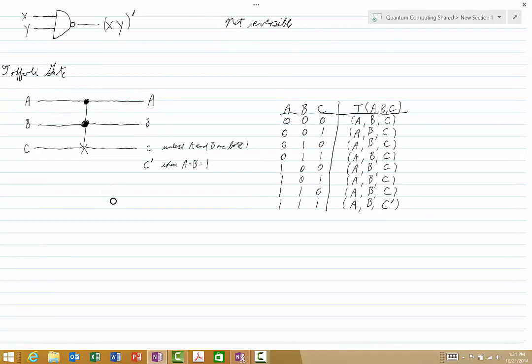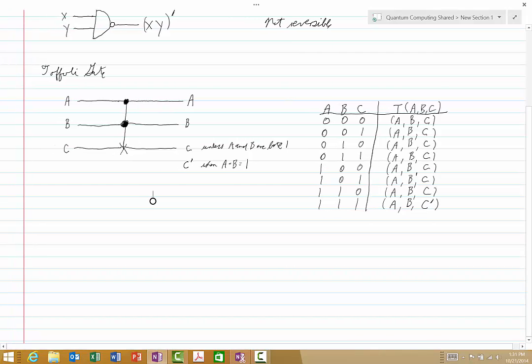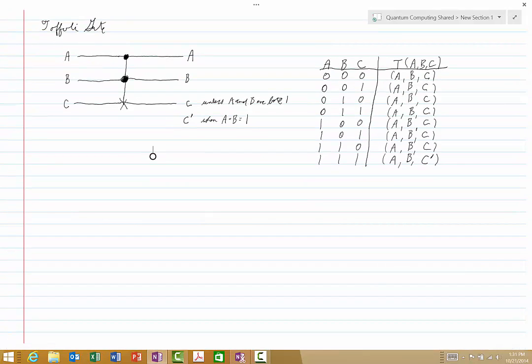Now let's look at this in a little more detail. Let's look at a few examples. First of all, let's ask this: what is T of B1, B0, 0?